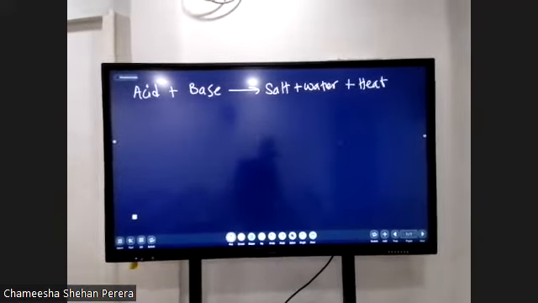Now we are going to understand what we have practically studied. Before that, the heat exchange during a reaction can be calculated by an equation.